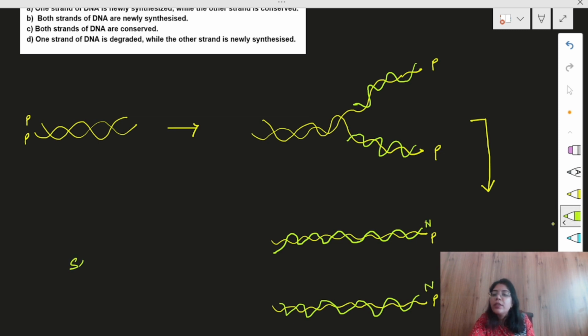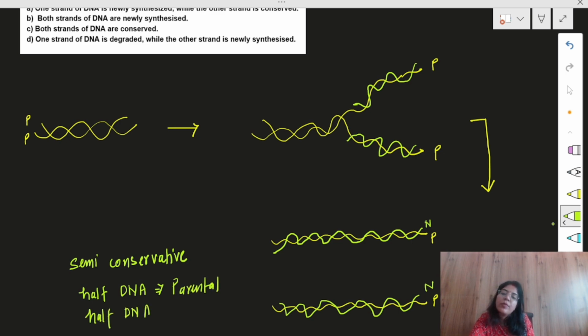This is considered the semi-conservative mode of DNA replication. What is the meaning? Half of your DNA will always be parental, and half will be new. One strand of your DNA is parental, and the other strand is new or daughter.